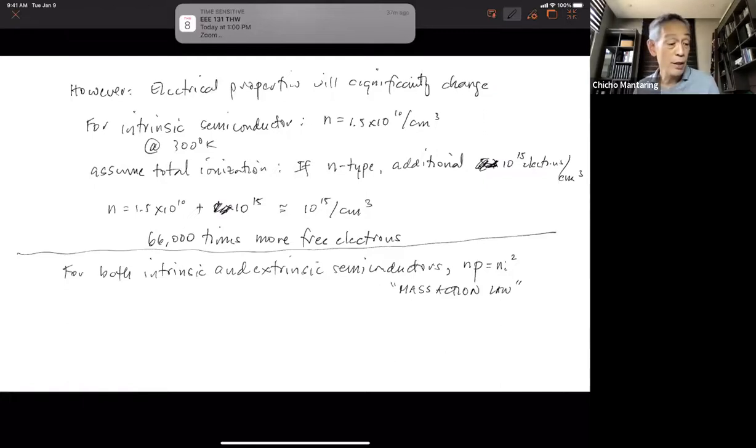So that's what we call the mass action law. Okay. Now also recall that your semiconductor material, specifically if it's doped, is neutral.